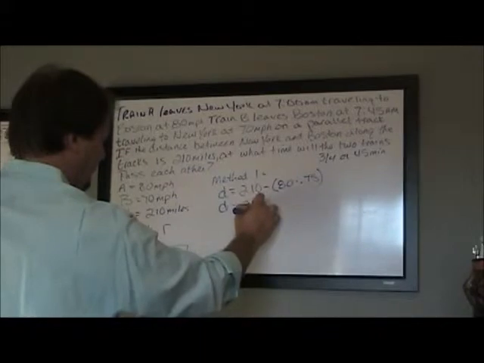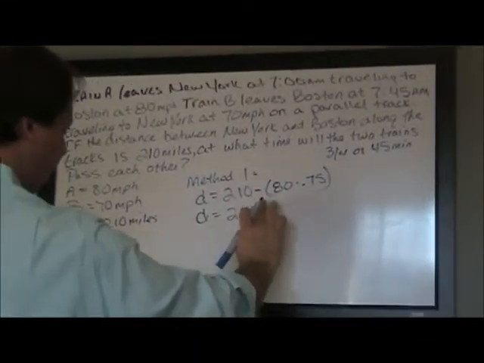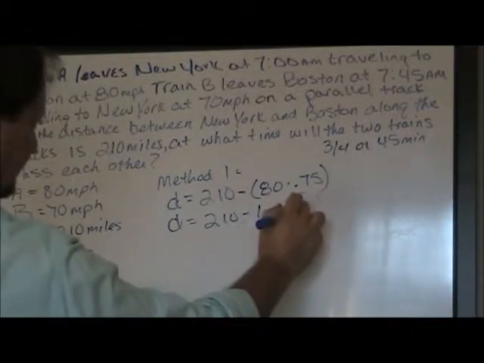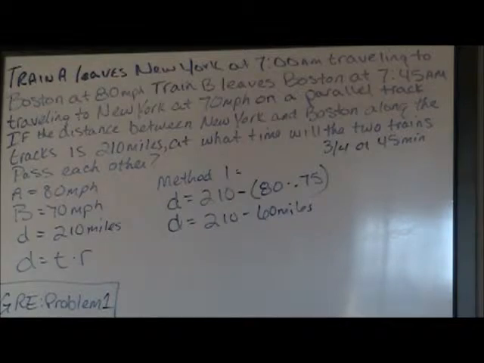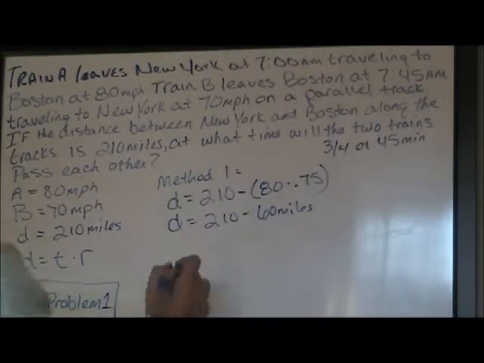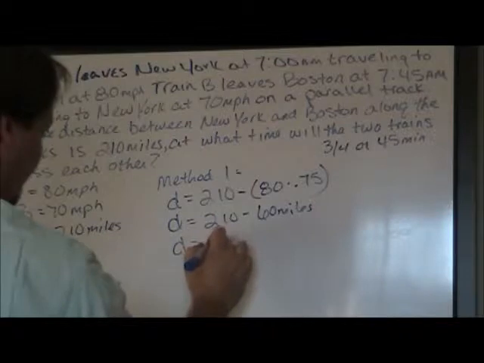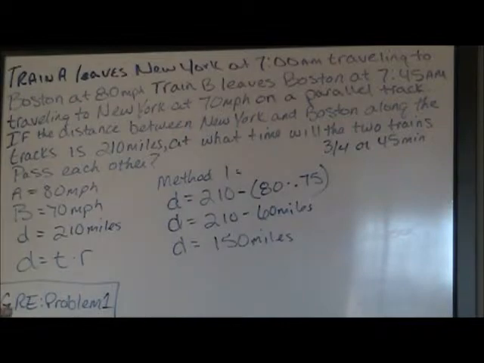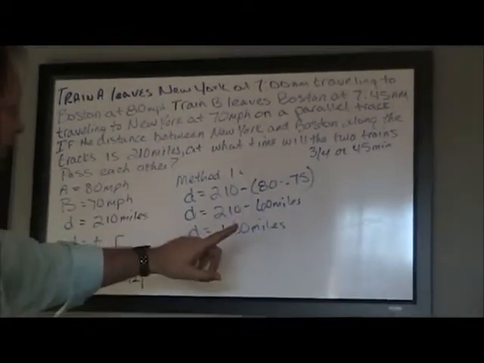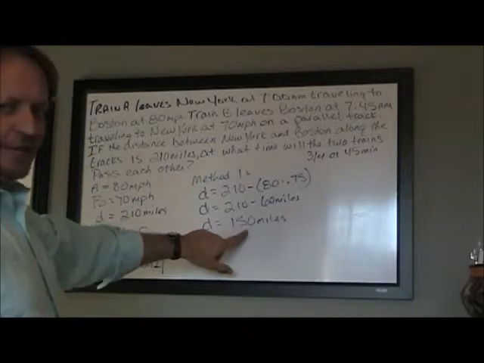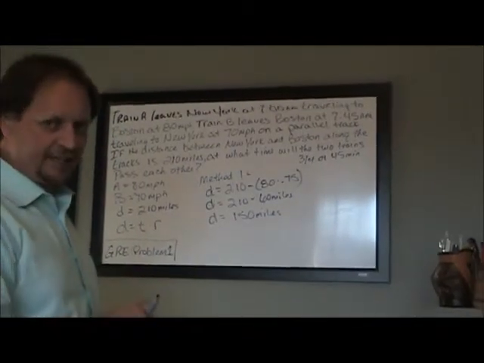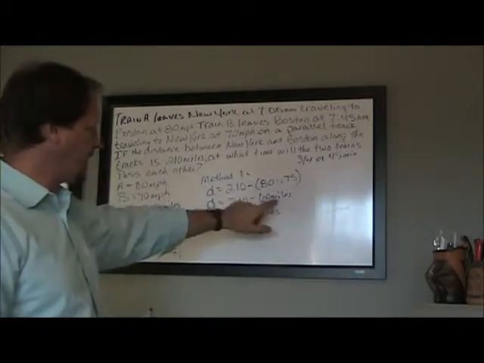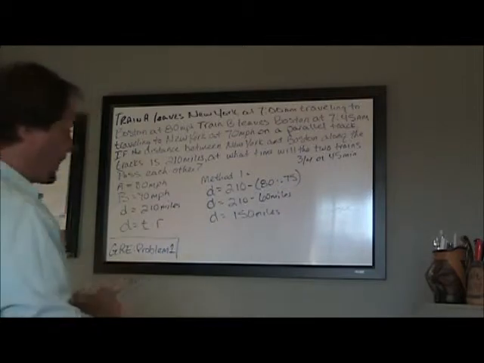So now we know that train A traveled 60 miles prior to train B starting, which means when train B initially started at 7:45 a.m., there was only 150 miles between the two trains, because train A had already traveled 45 minutes, 3/4 of an hour, or 60 miles.